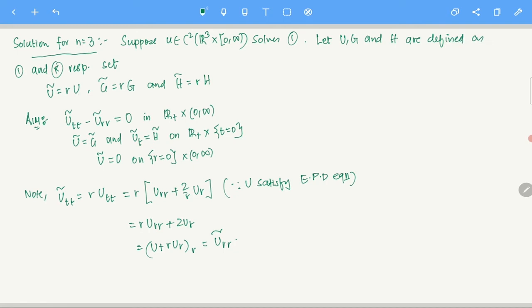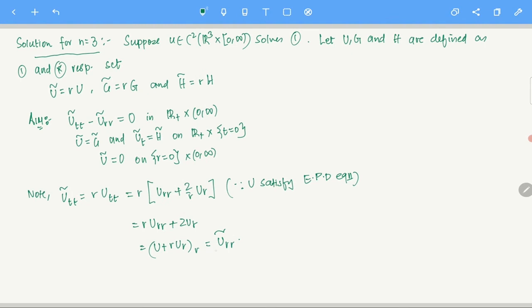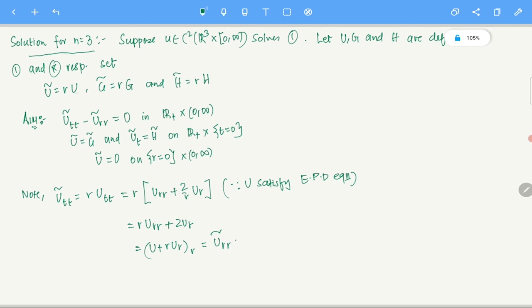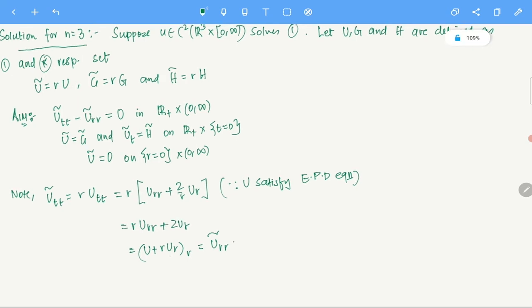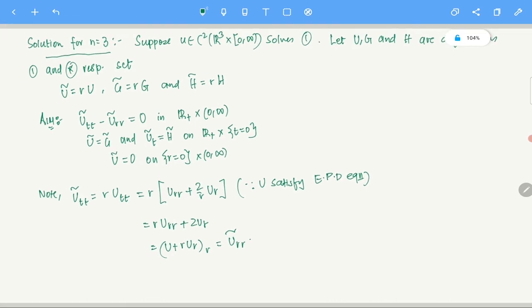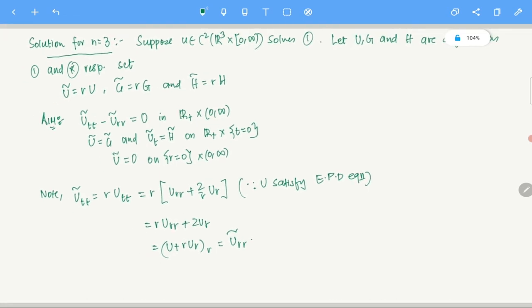Again with respect to r, what I'm trying to say is, when you break all of this up, Ũ of r is r U. If you differentiate this with respect to r, it is r U_r plus U, right? So that is there, and that's why it is Ũ_rr. Clear? This is very easy.